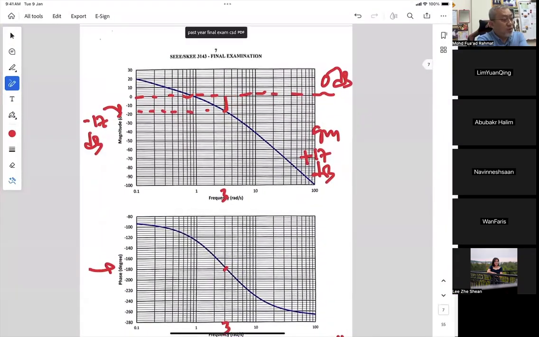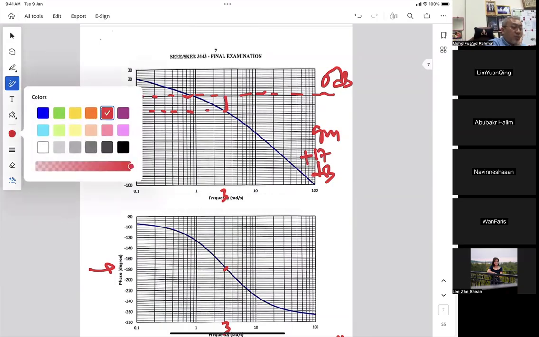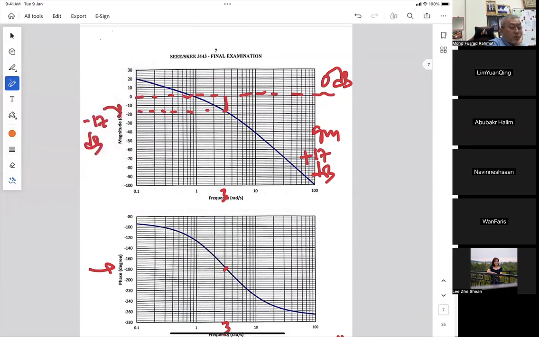So here is 17 decibel, right? So the targeted gain margin will be 30 decibel. So that's why you need to shift down, am I right? The curve must go down, something like this, the orange color.